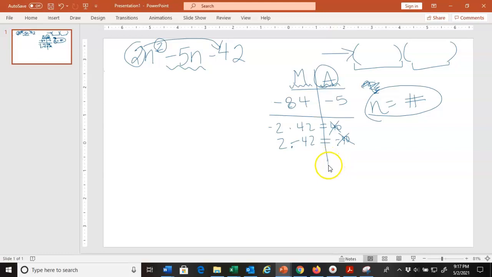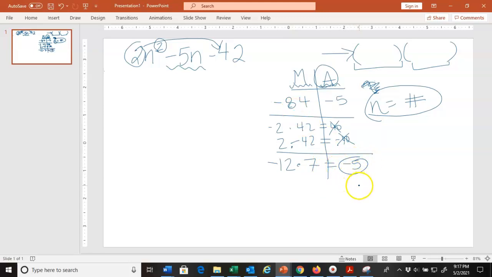So we're trying to find, again, two numbers that multiply together to give us negative 84. You could just keep trying numbers. How about negative 12 and 7? Negative 12 times 7 gives you negative 84, and negative 12 plus 7 gives you negative 5.